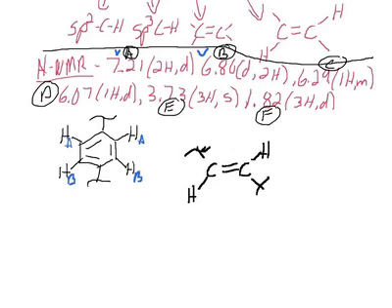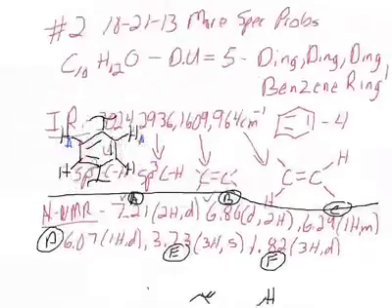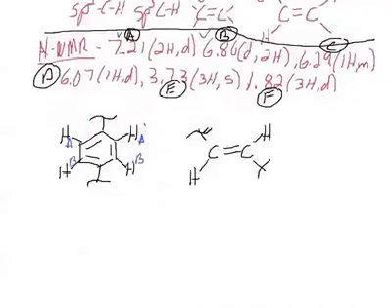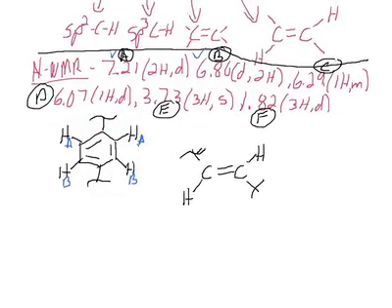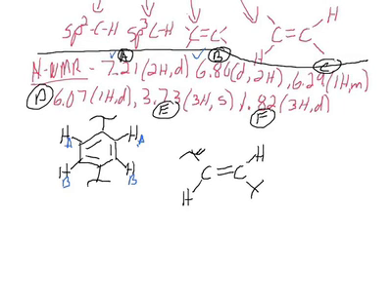So that trans alkene. Remember that from the IR? The IR, we had trans alkene, 964. Told us we had trans alkene. So we have trans alkene. What was our molecular formula?